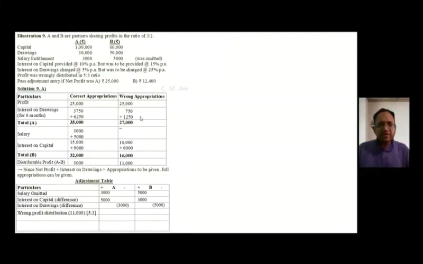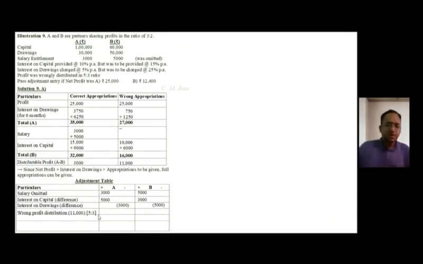And we have calculated in the above table, as per wrong appropriations, the profit which was distributed was rupees 11,000. And the question tells us it was distributed in 5:3 ratio. So wrong profit distribution 11,000 in the ratio of 5:3.